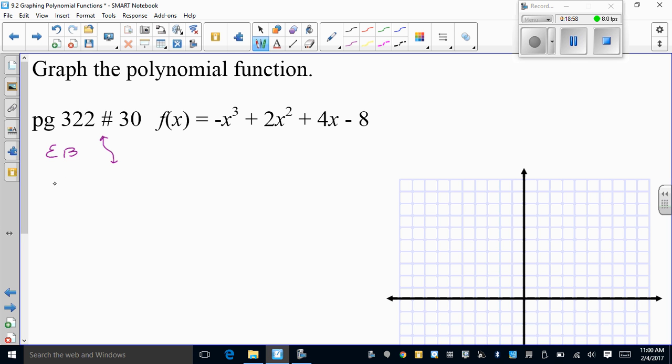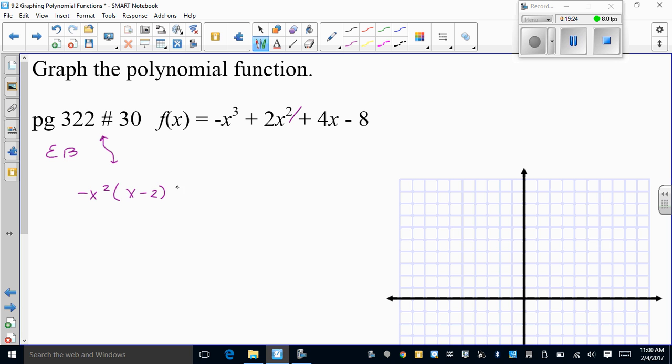We need to factor this one out. Again, you can use the box or the grouping method. I'm just going to do a quick grouping method this way. Common factor between these two. I'm going to pull out a negative x squared, which will leave here x minus 2.